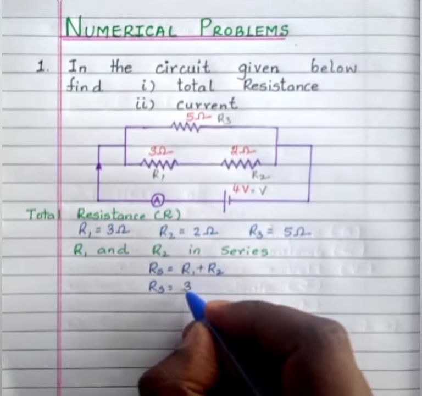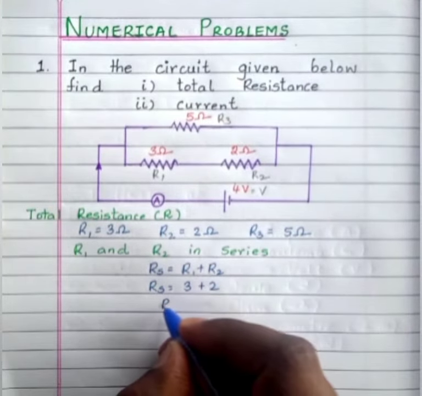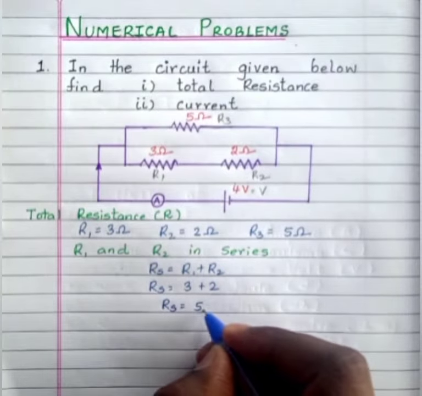Therefore, the effective resistance is 3 plus 2, which is equal to 5 ohm.